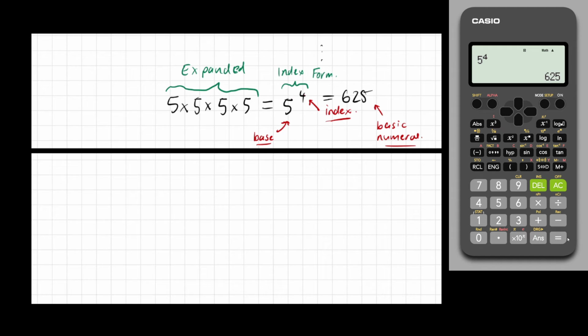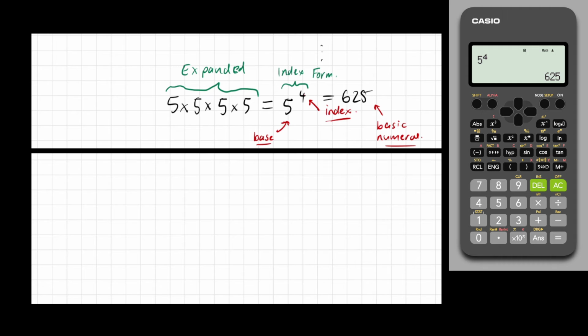So the big number that appears is the base. It's the number that appears in my expanded form. And the index is the small number, which is the amount of times that the base appears. So because my base appears 4 times, I'm writing to the power of 4. And we read this as 5 to the power of 4. And we've got to say it like that, 5 to the power of 4. Okay?